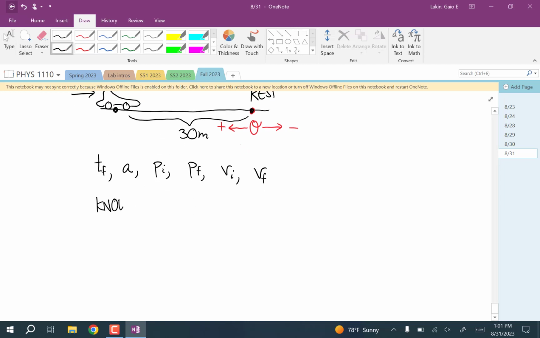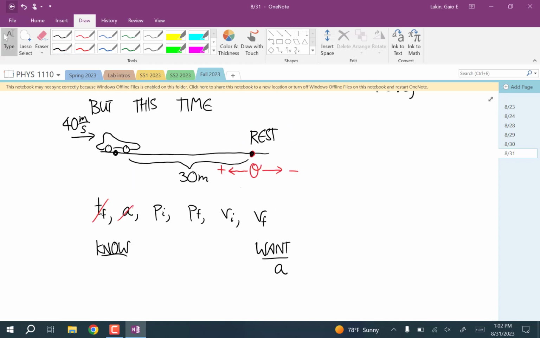So now we're going to list what we know and what we want. We don't know time final, and we're not trying to solve for it. We're looking for the acceleration. P initial. So in the first example, that was where we put our 0. It's not anymore.